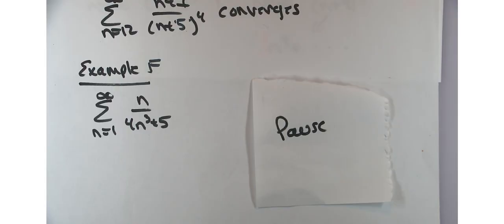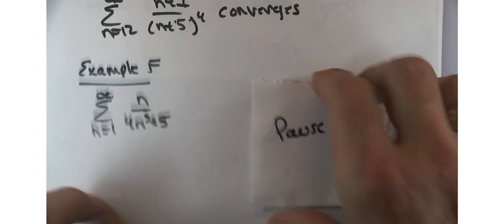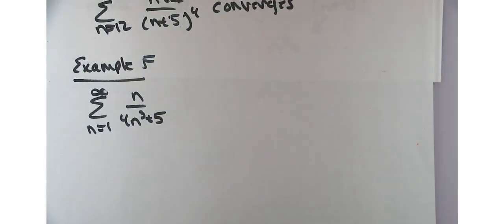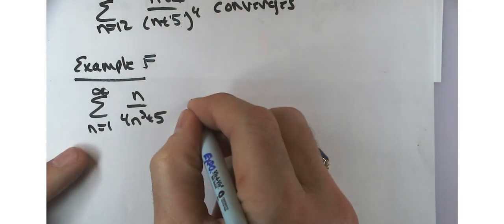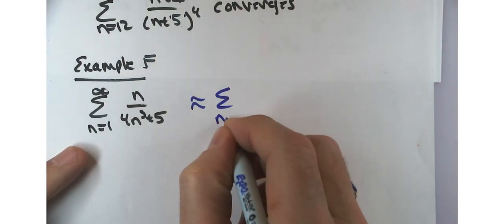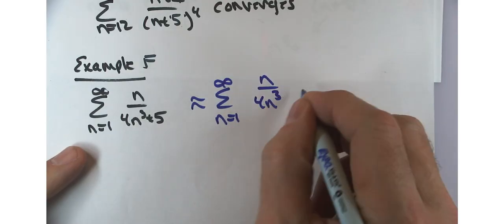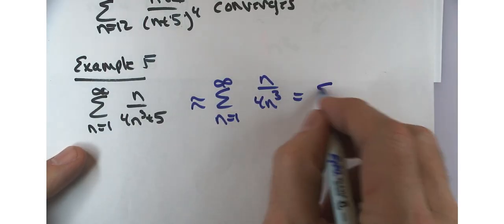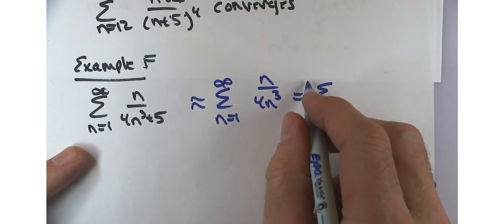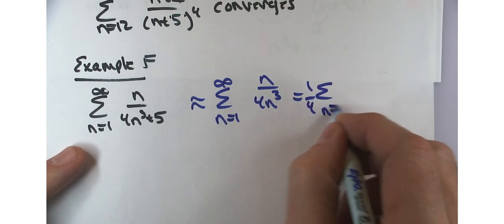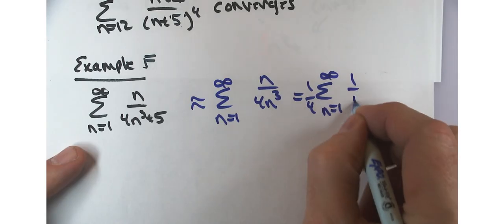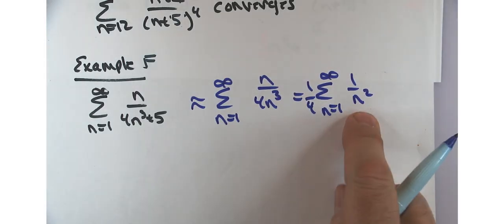All right, so I think we're doing good on this. I think a lot of you are seeing the logic that I follow through when I do this, and you're looking at that going, well, that's about the sum from n equals 1 to infinity of n over 4n cubed, which equals, I'll take out the 1/4 here, the sum from n equals 1 to infinity of 1 over n squared. And what do you know about this one?